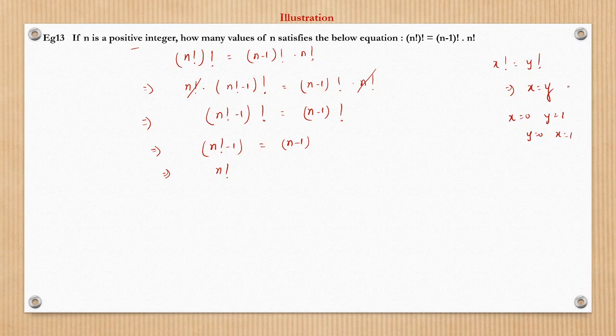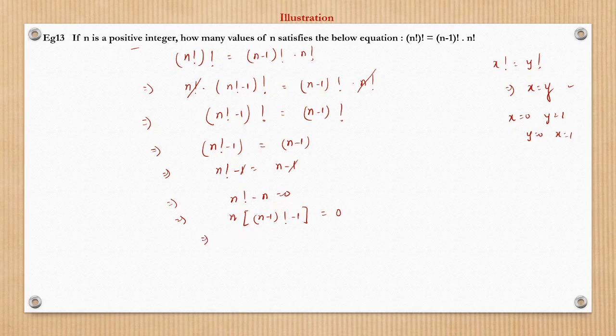So the first possibility is x is equal to y, so that's what we equated. N factorial minus 1 is equal to n minus 1. This cancels out. So from here we can say n factorial minus n is equal to 0, which is nothing but n into n minus 1 factorial minus 1, taking n common, is 0.